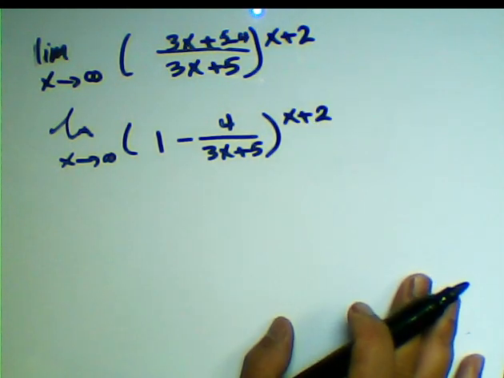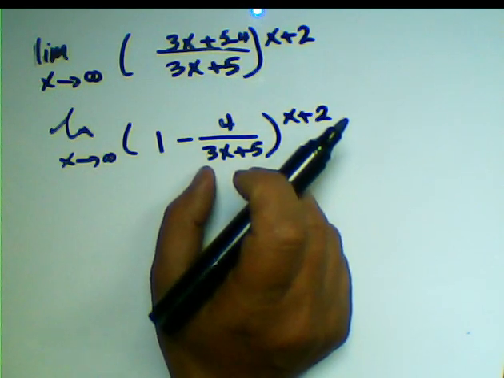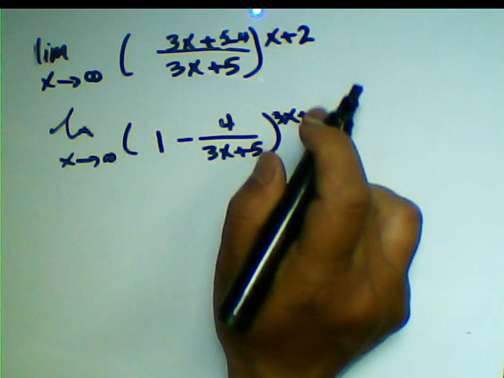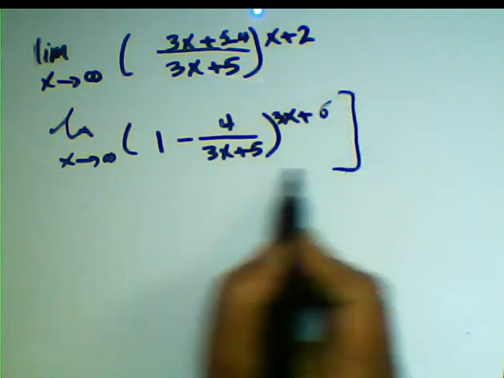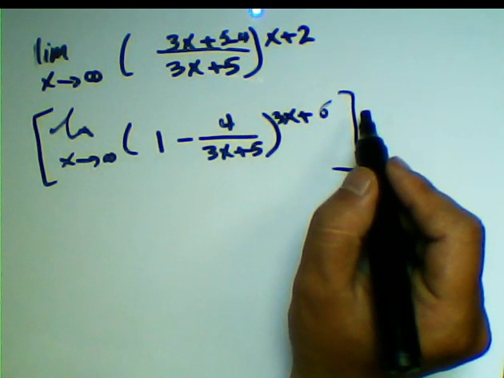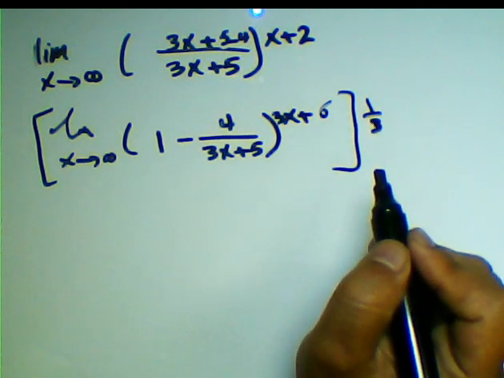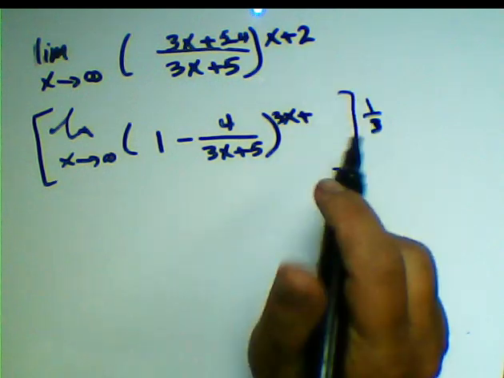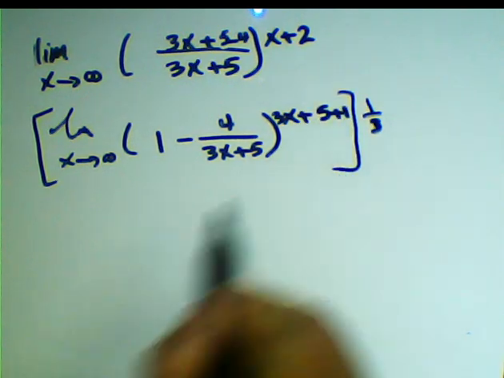Okay, think it with me. The exponent here must match the base. I will multiply by 3: it will be 3x and 6, and divided by 3. Then 6 I will write as 5 plus 1.